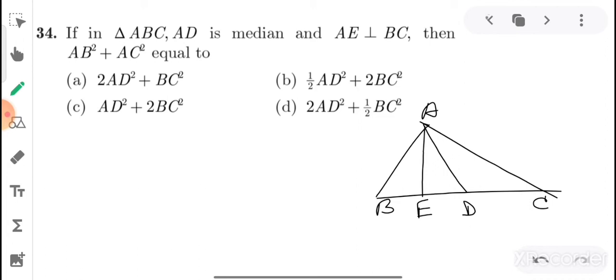In this question, we first take triangle ABE. This is a right angle triangle, as AE is perpendicular to BC. Then use Pythagoras theorem.